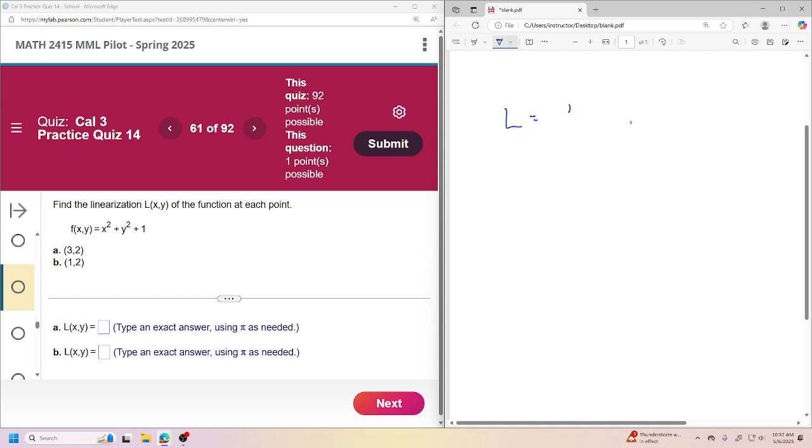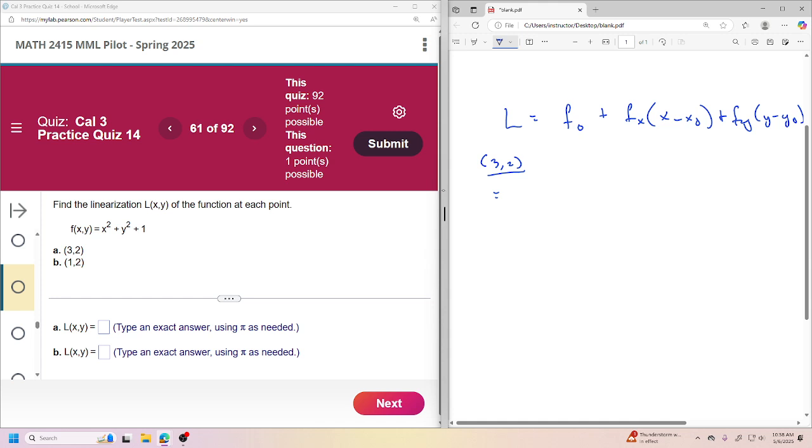So linearization, I believe, is f naught, where you plug in your point, and then you have f sub x times x minus x naught, and then f sub y times y minus y naught. We've used different letters before, but essentially what I want to do for the point 3 comma 2 is plug in 3 comma 2 right now.